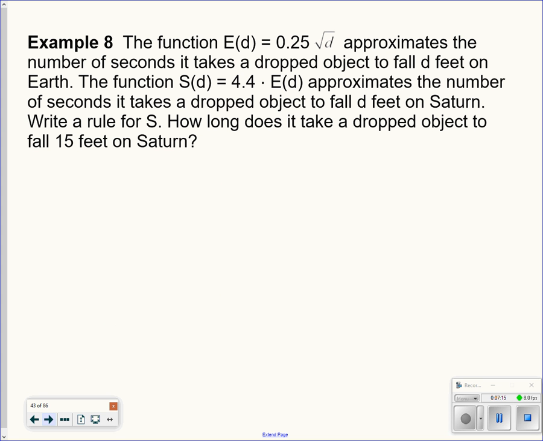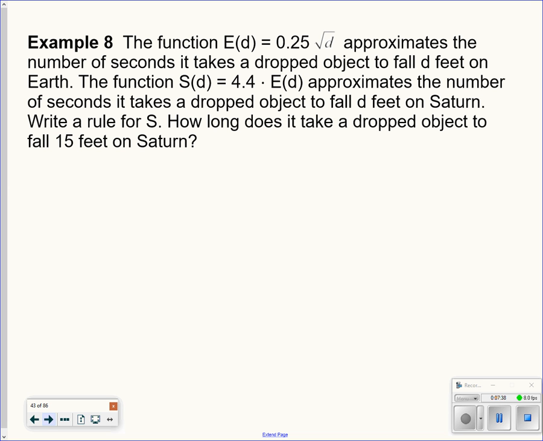The function e(d) equals 0.25 square root of d approximates the number of seconds it takes a dropped object to fall d feet on Earth. The function s(d) equals 0.44 e(d) approximates the number of seconds it takes the object to fall on Saturn. Write the rule for s. How long will it take?